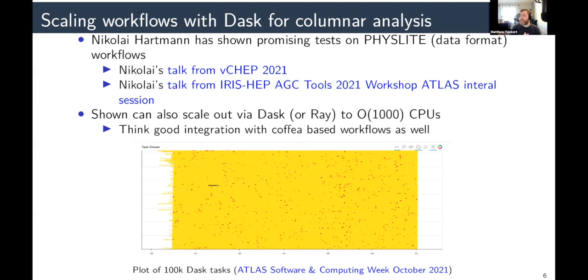Jim also has a comment in chat. He just wanted to mention that, to show how far we've come, Service X and Coffee Casa are services. It was a diagram of tools and packages, and it wasn't his intention to leave them out.